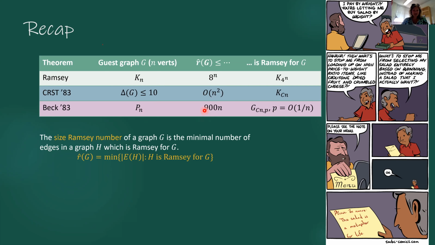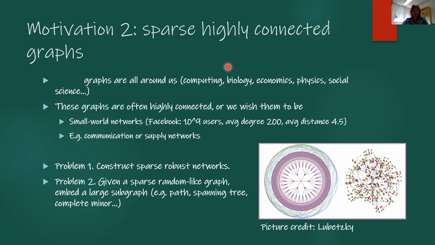And in the meantime, we'll have another story time. I'll give you another, more practical reason why we care about sparse, robust graphs. So here's a more practical motivation. We all say in our talks and grant applications that graphs are all around us. But what we don't often notice is that typically these graphs are sparse.